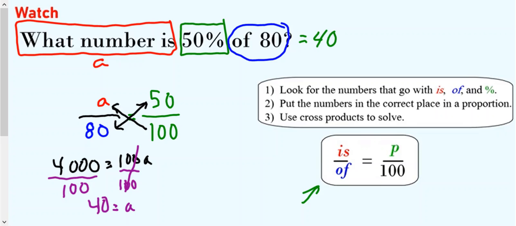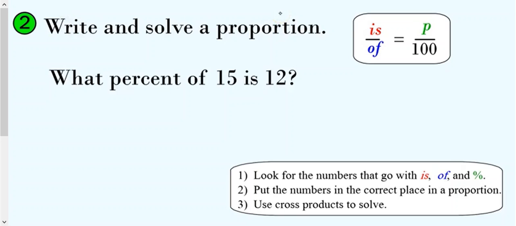Okay, so here's this first example, and let's look at a couple more here. All right, number 2 says write and solve a proportion. What percent of 15 is 12? All right, so looking for our numbers, the is 12, so that's going to be our is there. And then we have of 15, and then what percent?